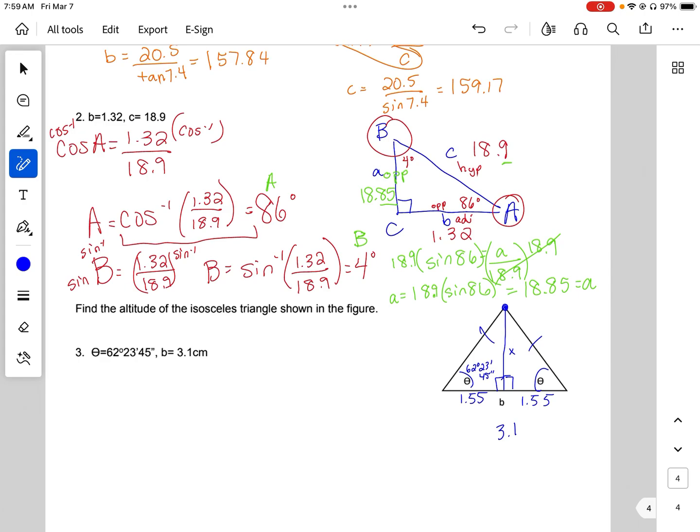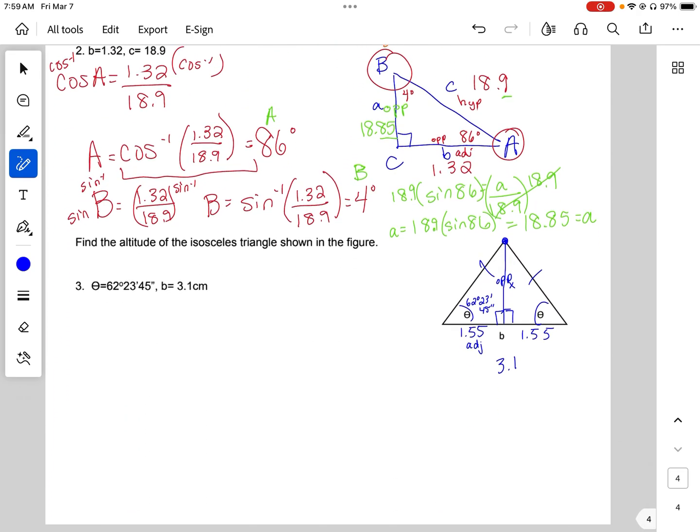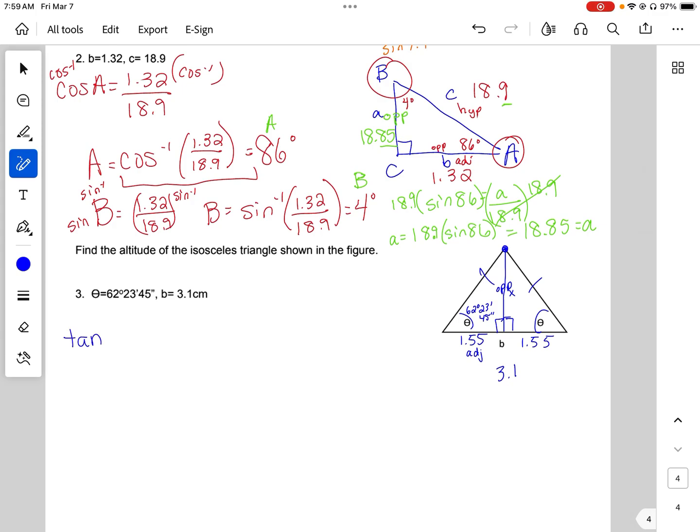Okay, so now I have a right triangle, and this is my opposite, and this is my adjacent to that angle. So opposite and adjacent is tangent. So we're going to say tan of 62 degrees, 23 minutes, 45 seconds equals opposite x over adjacent 1.55.